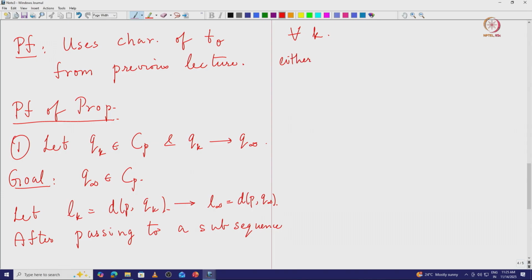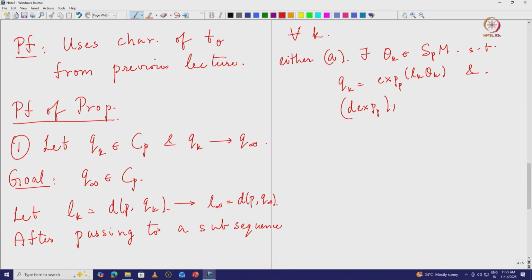For all k, either there exists a theta k in the unit tangent sphere such that Qk is the exponential of Lk theta k, gamma is the corresponding geodesic, and this is a conjugate point, so that means that the derivative of the exponential map at Lk theta k has a non-trivial kernel.